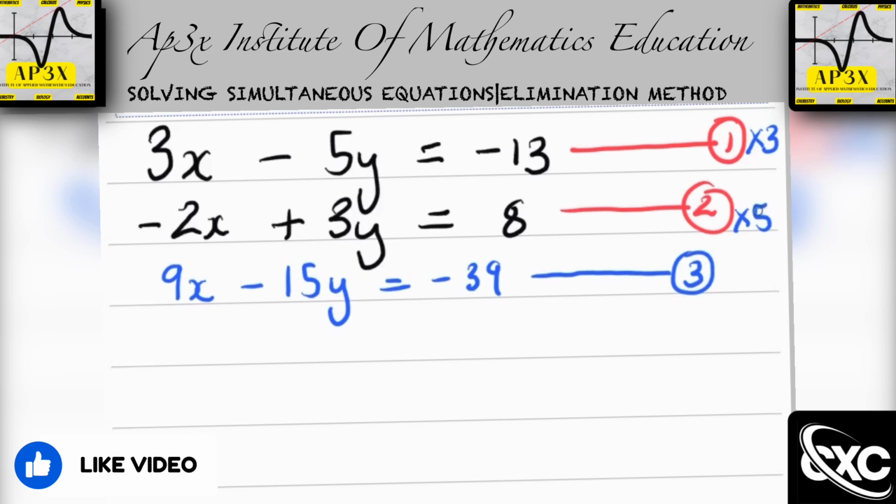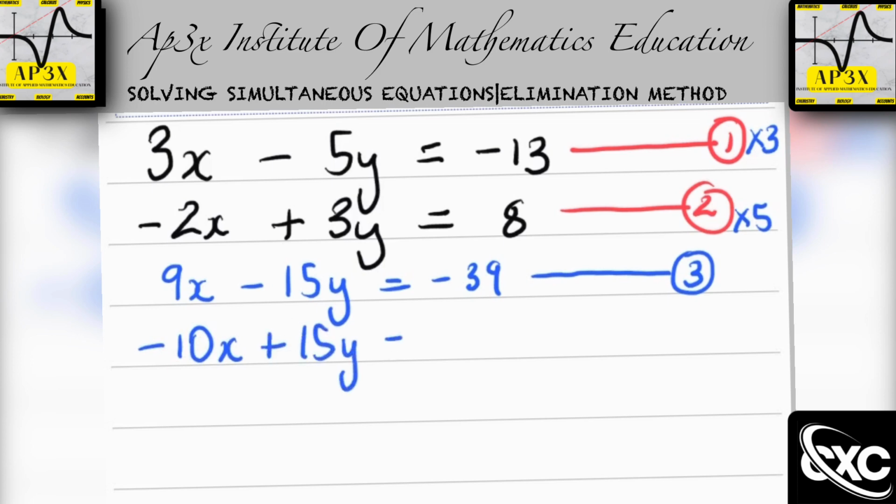Now I'm going to go ahead and multiply equation 2 by 5. 5 multiplied by negative 2x is negative 10x. 5 multiplied by 3y is in fact positive 15y, and 5 multiplied by 8 is in fact equal to 40, and that is equation 4.